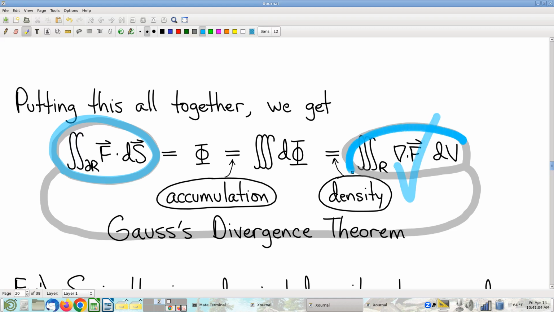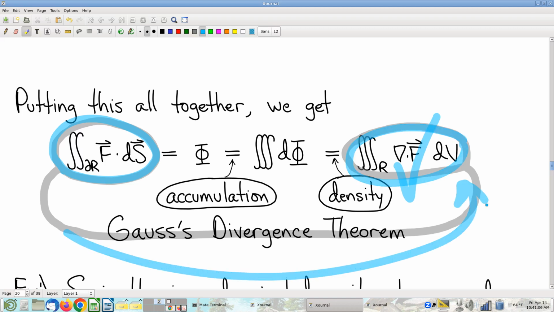There's a triple integral that you can compute instead. That might just be a lot easier. So even interpreted most immediately and literally, this is a pretty cool theorem. Is everybody with me? Let's do an example.